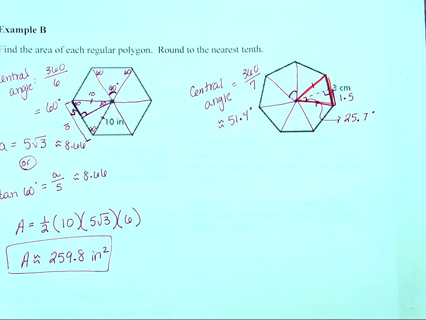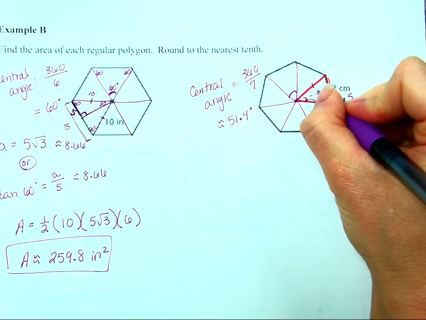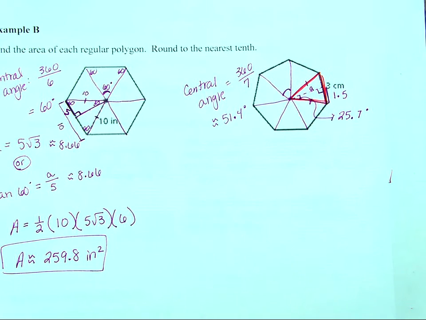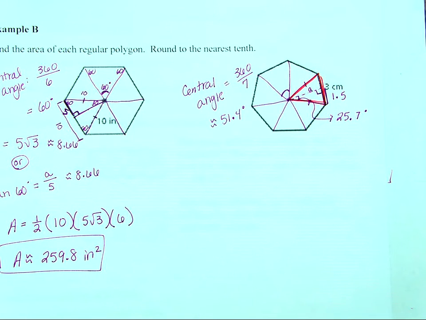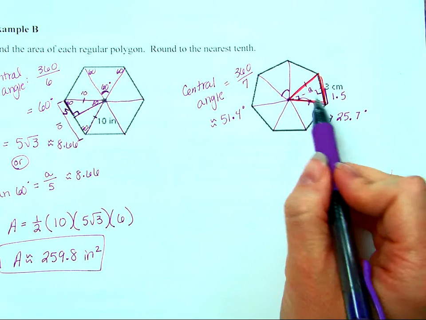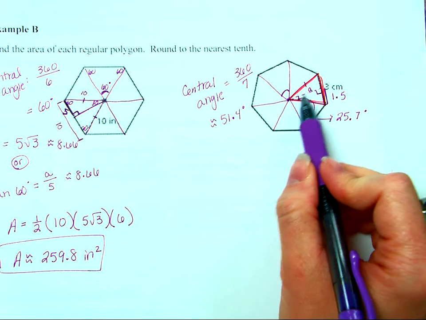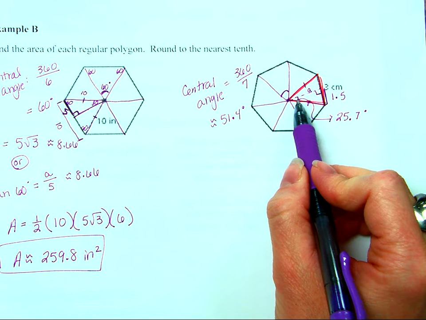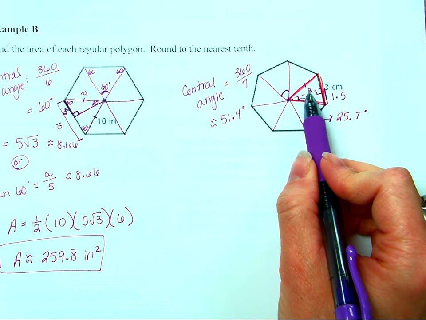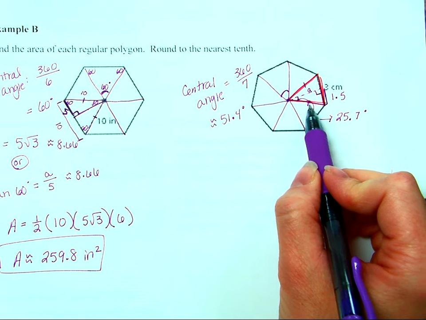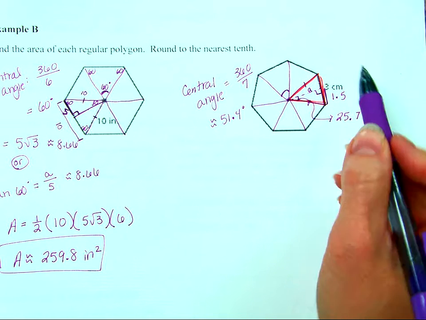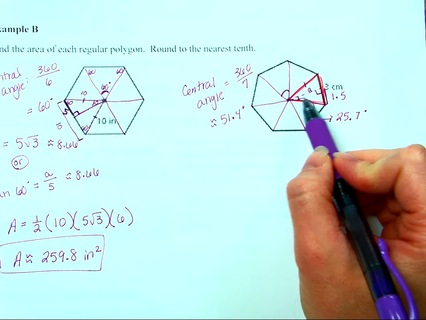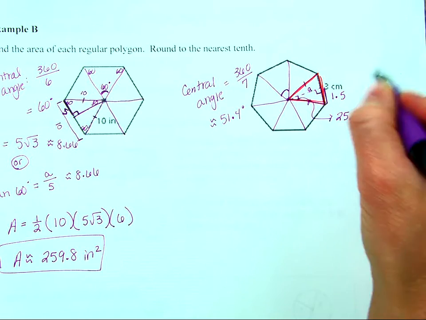How is that going to help me? Well, to solve for A, my apothem, I can use my trigonometry. I have a right triangle here, so I can use SOHCAHTOA. I have the adjacent side, and I have my hypotenuse. Oh, no, I don't. I have my adjacent side and my opposite side.